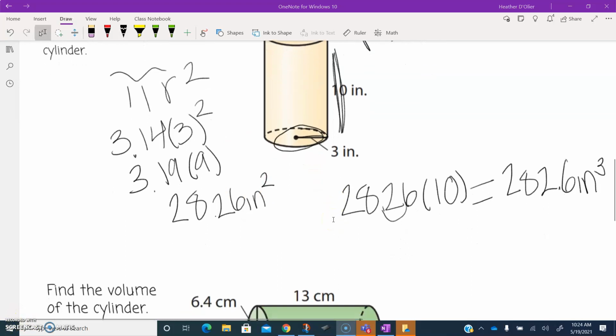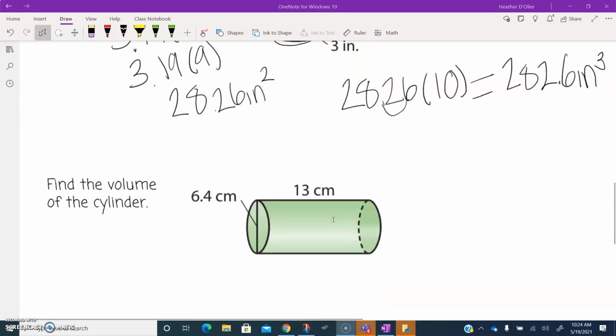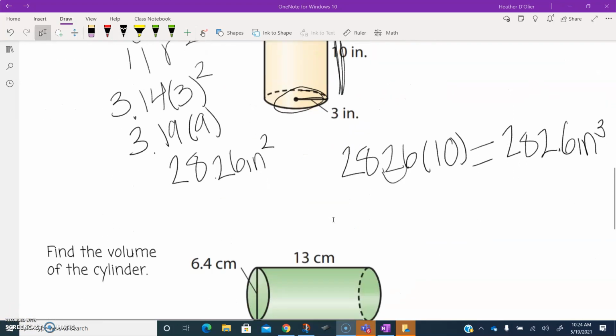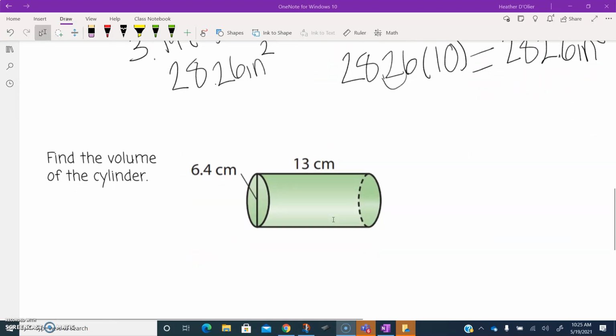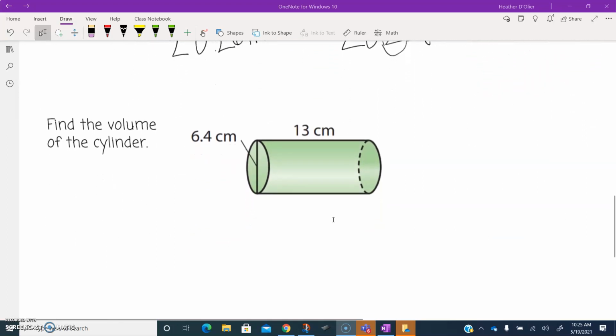And now time for that second cylinder. Notice how it's on its side. I still have to get the area of the circle. This one did not give me the radius. They gave me the diameter, that distance straight across.